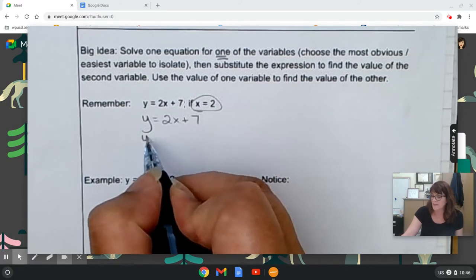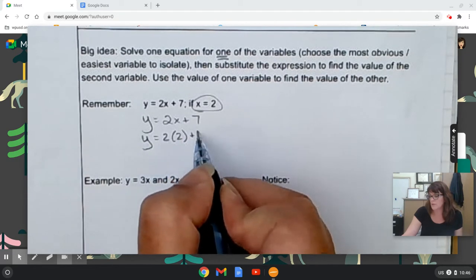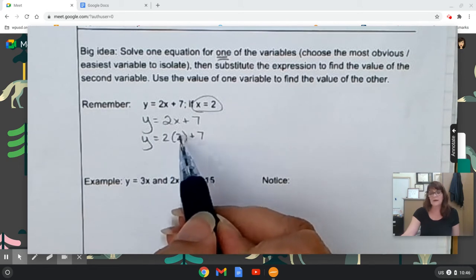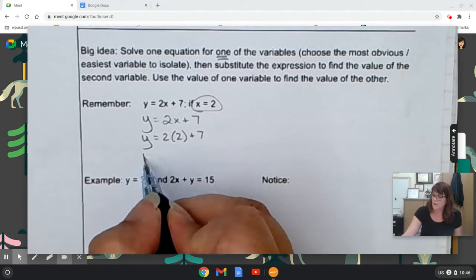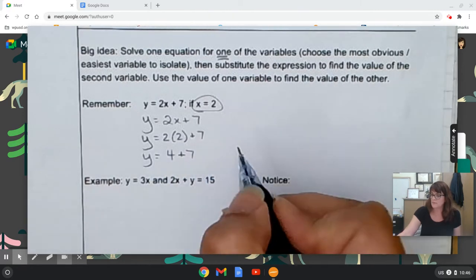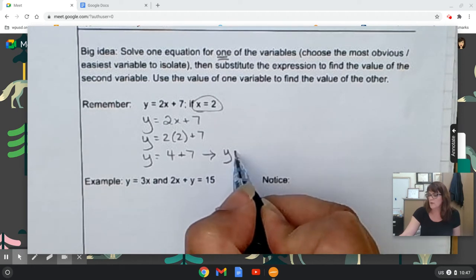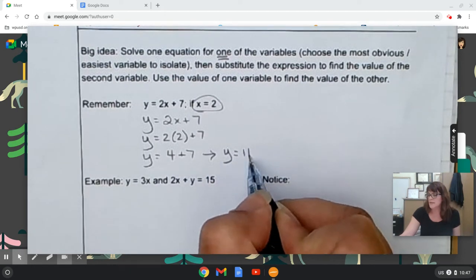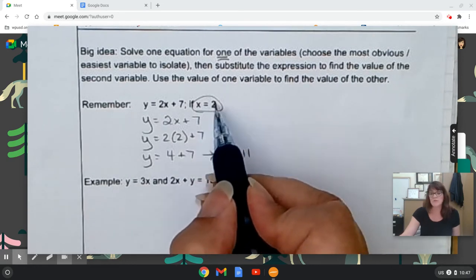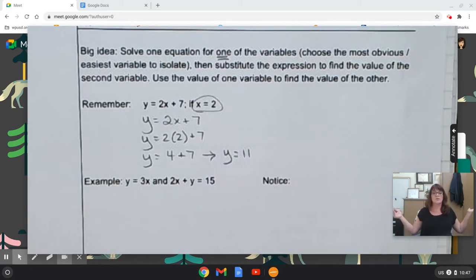So I'm going to rewrite this: y equals 2 times 2 plus 7, because instead of x, I put in the value that it's worth. y equals 4 plus 7. y equals 11. Okay, so now you know x equals 2 and y equals 11. You have a solution.